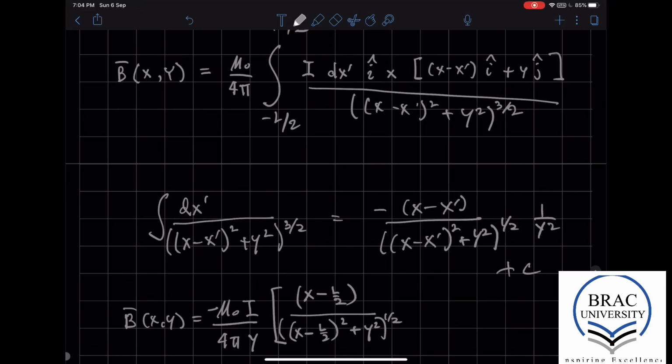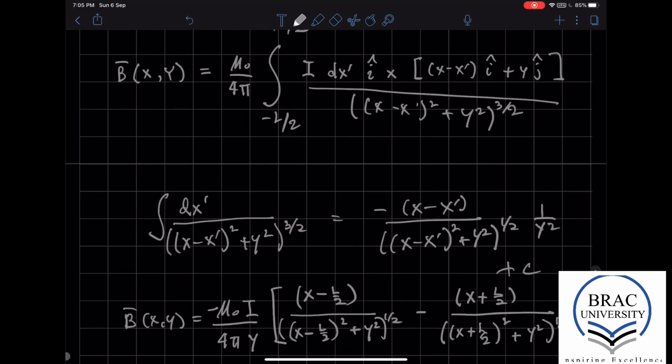For the lower limit we get x plus L by 2, and in the denominator (x plus L by 2) whole squared plus y squared, the whole thing under a square root.